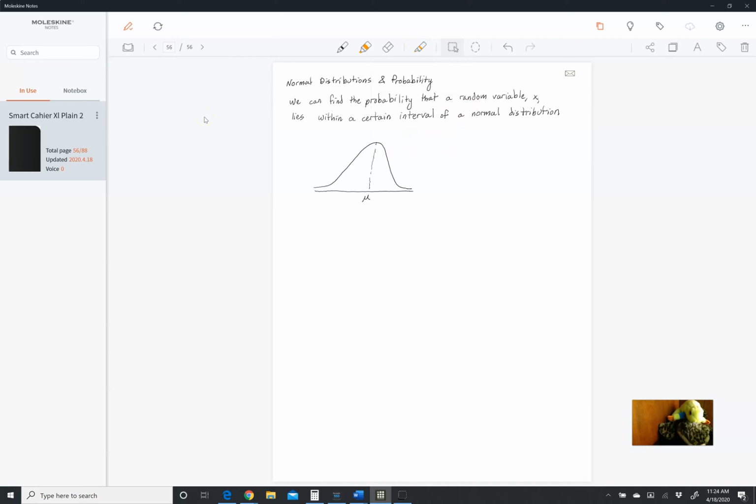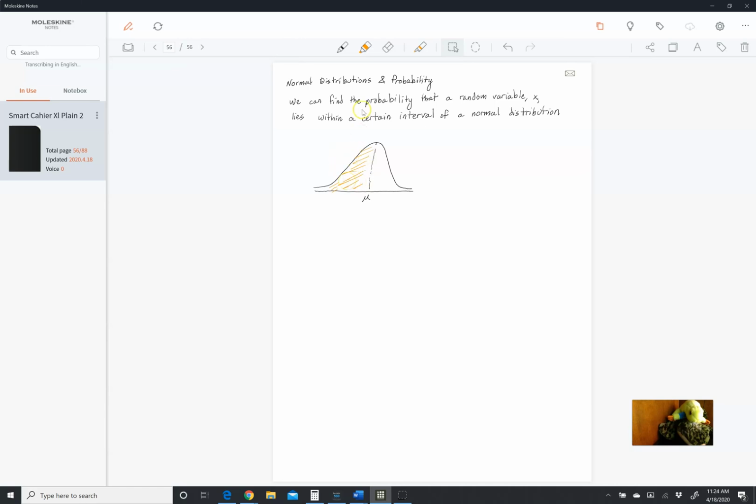Think of it like throwing a dart. What's the probability that we fall within this area? The probability is 50%. If I were to throw a dart and I knew it was going to land in here, the probability it lands within this area is 50%, because 50% of the area under this curve is over here.